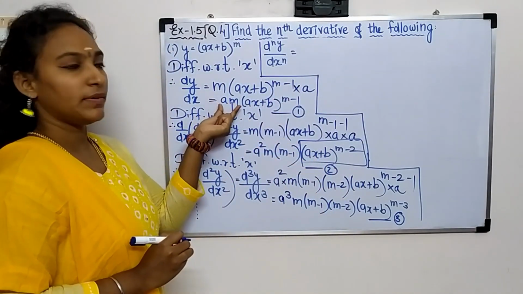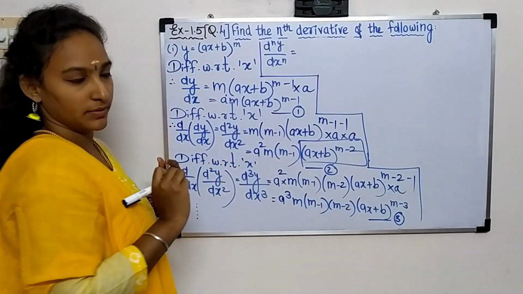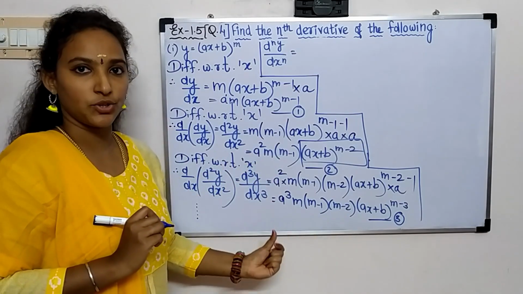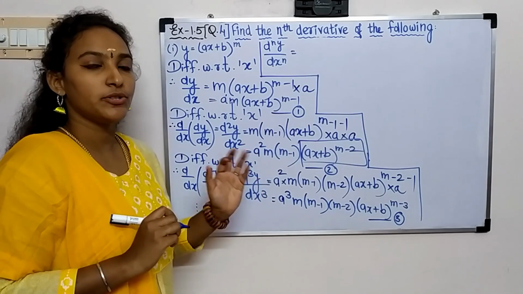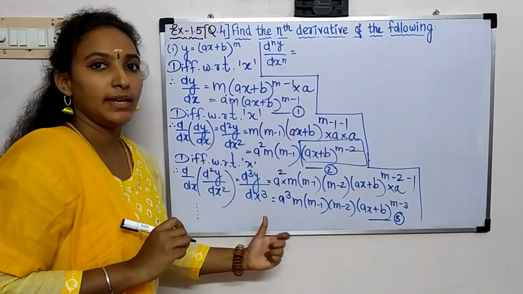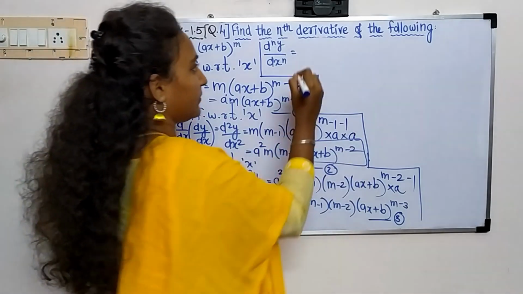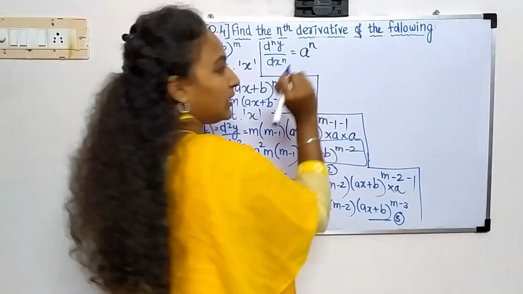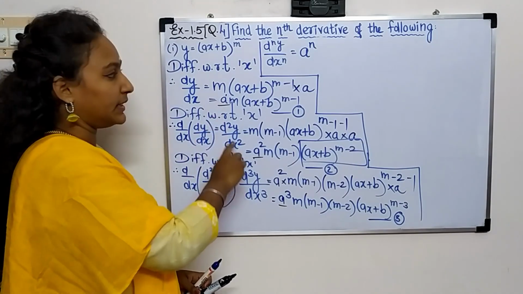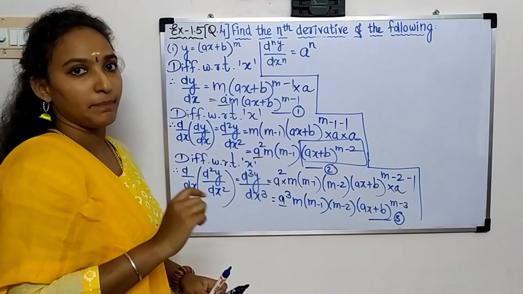See, in equation number 1 we have a raised to 1. In the second one a square, in the third one a cube. That is, the nth derivative also we will get a power n. 1, 2, 3 and so on up to a power n. So write a power n. See, now our a part is complete. That is, we have written our a part.